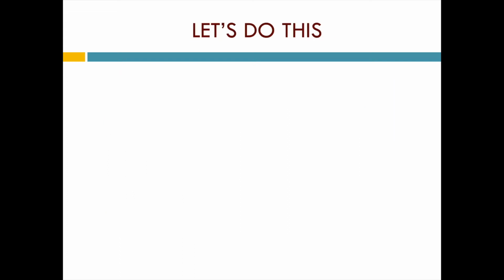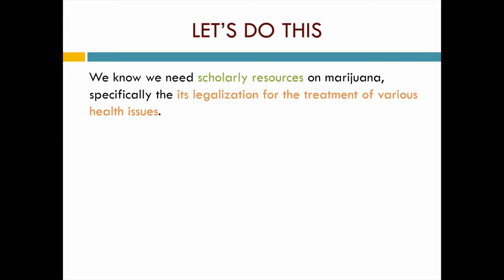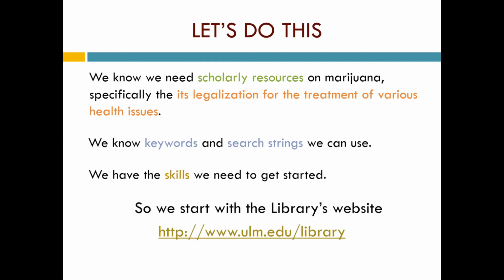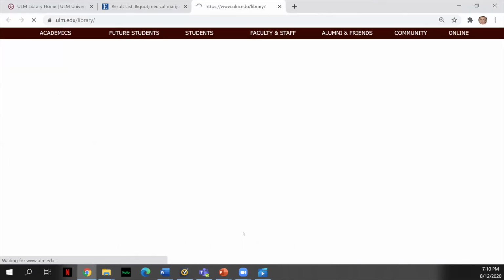So let's do this. We know that we need scholarly resources on marijuana, specifically its legalization for the treatment of various health issues. We know keywords and search strings that we can use. We have the skills we need to get started. So let's start with the library's website. So we go to www.ulm.edu/library.